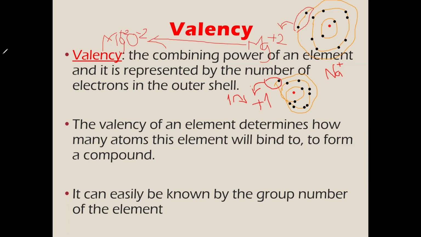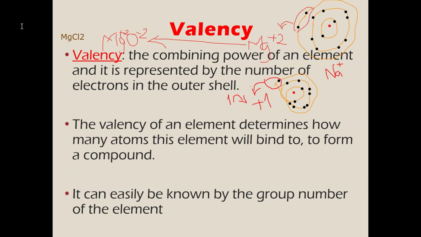But if magnesium binds to a univalent atom, such as chlorine, it needs to give its 2 electrons to 2 chlorine atoms. So again, the valency is the number of electrons in the outermost shell, represented by how many electrons can be lost or gained by these atoms.